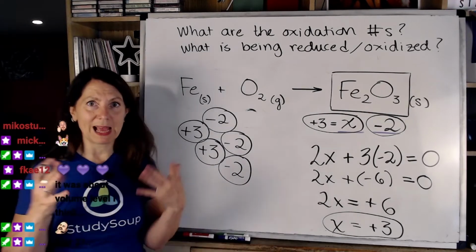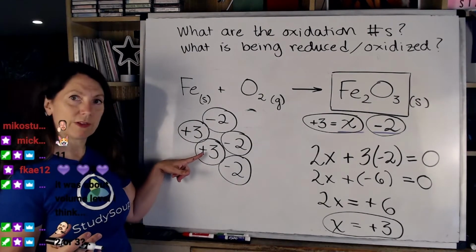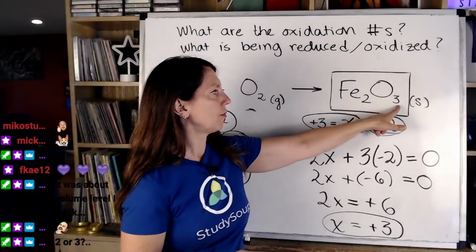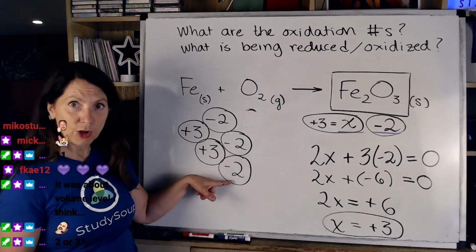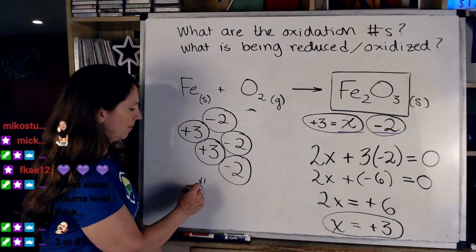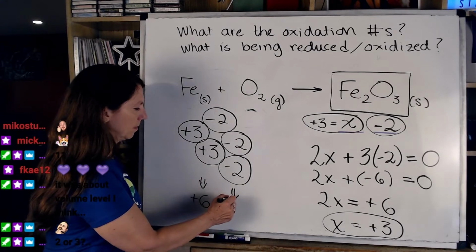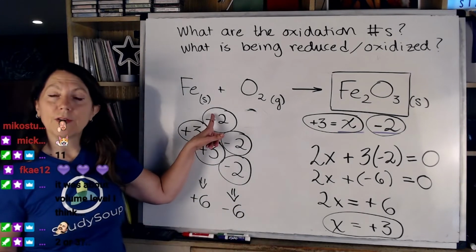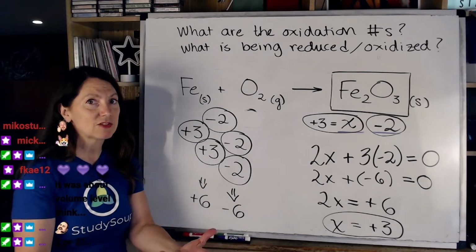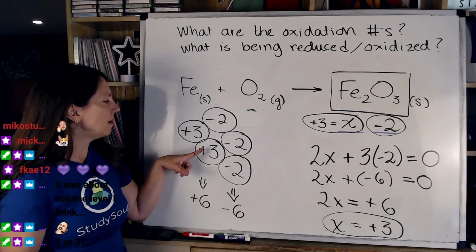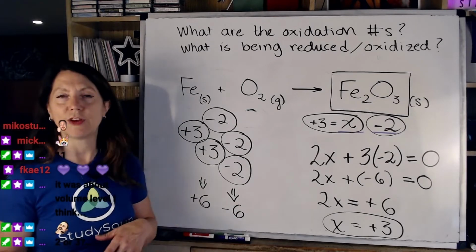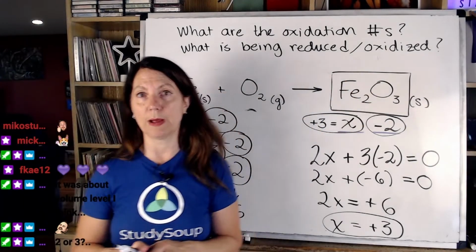Okay, so if we think of them like ions in this way, +3, +3, and then again, this is a ratio of 2 to 3, and then there's -2, -2, -2. And so together these will all cancel each other out. Where these -2s, 3 of them, this is contributing overall -6 charge, and the 2 +3 charged ions are contributing +6. And then these would cancel each other out, giving us a neutral compound.